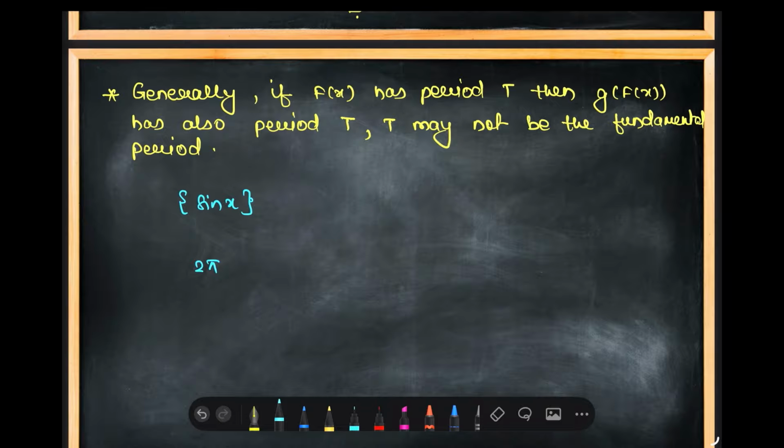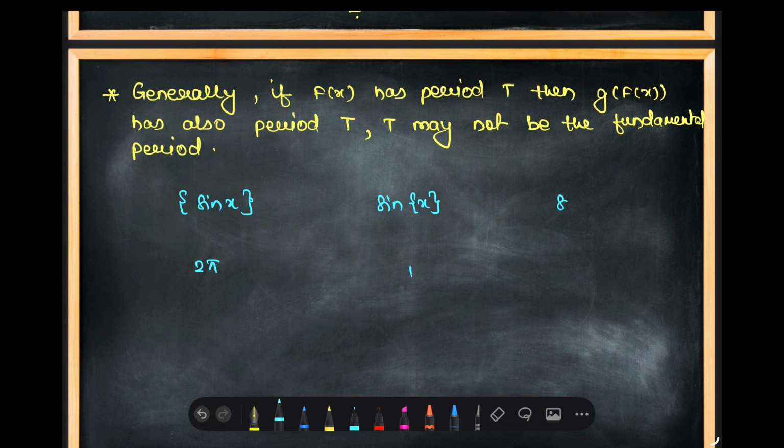Then sine of fractional part of x. In this case, who went inside? The fractional part function went inside. So the period will depend upon the fractional part function, and the fractional part function has period 1.